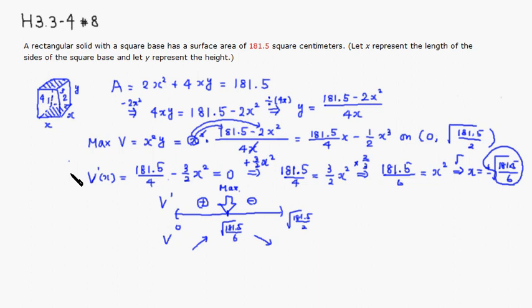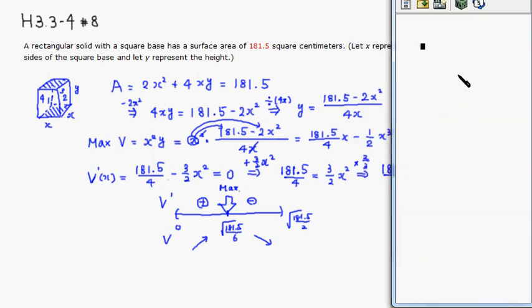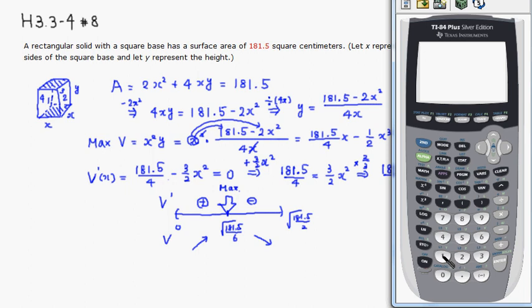Let's see. I'm going to use a calculator. What's the square root of 181.5 over 6? Oh, it's actually 5.5. So x is equal to 5.5.